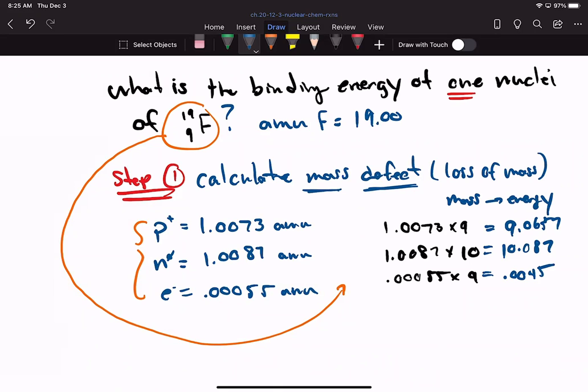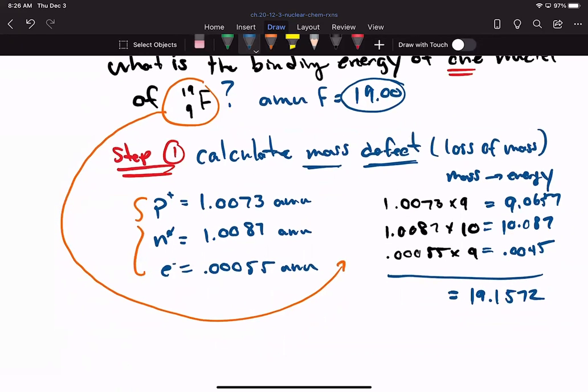this is equal to 19.1572. 19.1572, right? And here is my atomic mass.